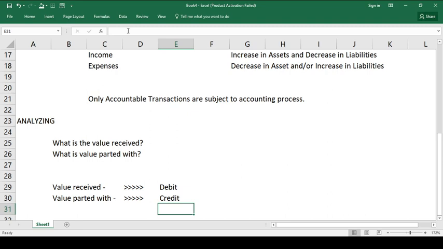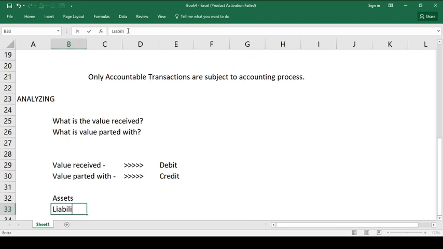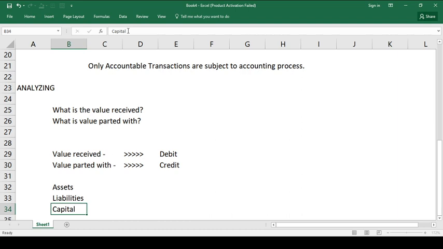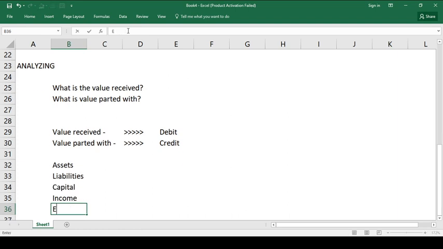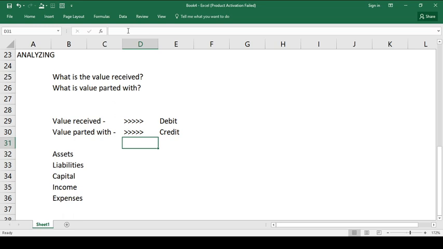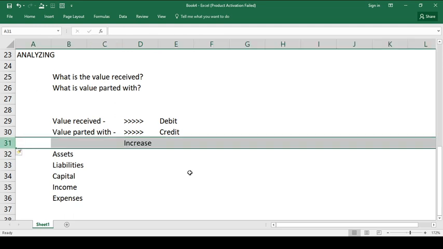To simply analyze, we again have the assets, the liabilities, the capital, the income, and the expenses. In analyzing, take note, these are generic. I want you to memorize and understand this diagram that I am presenting as to the increases and decreases.